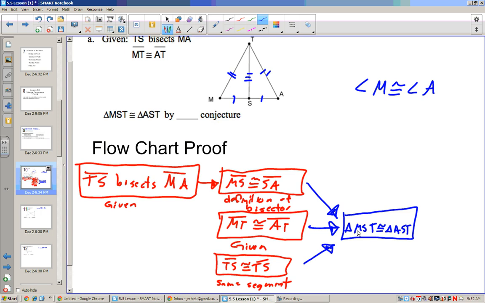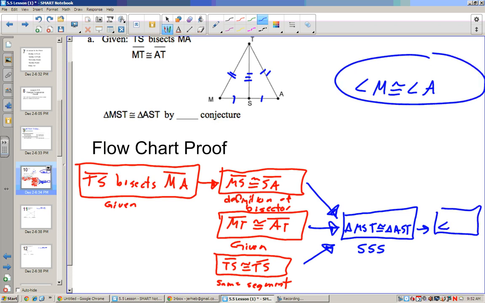And that's by, we know all three sides, so the reason underneath we're going to write side, side, side. Now since I know this, I can say that M is congruent to A, which is what our goal was. Angle M is congruent to angle A, and that's because M is the first letter here and A is the first letter here. So it's a little difficult to say.